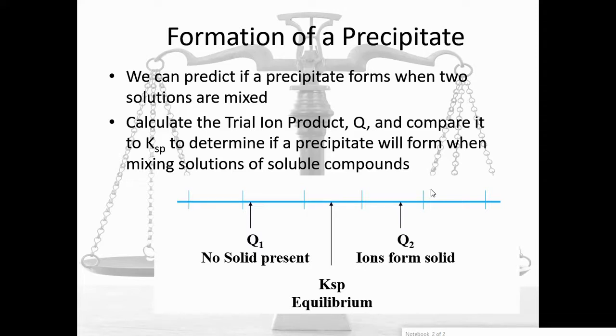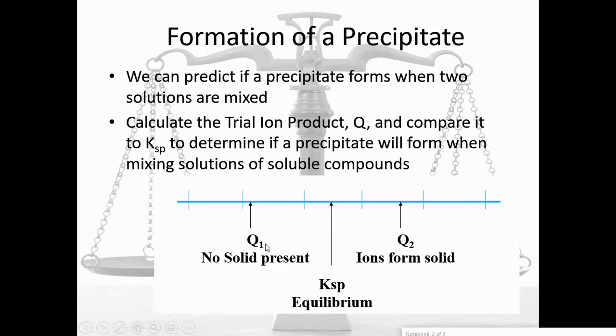Now, that was qualitative. Now we're going to get into the quantitative version of that, and that's by using something called the trial ion product, Q. And the trial ion product can be determined using this exact same formula for the KSP.